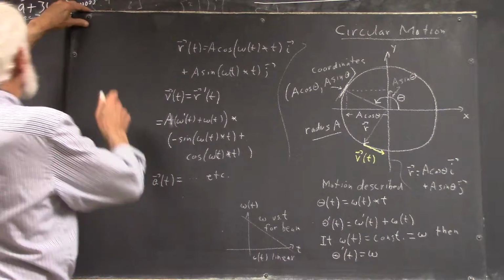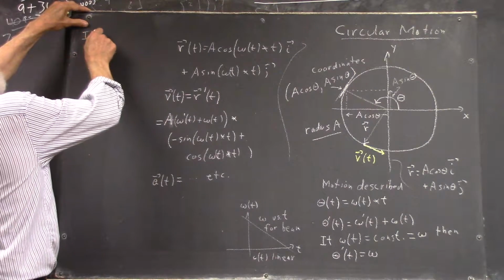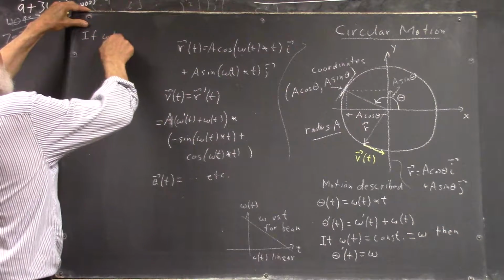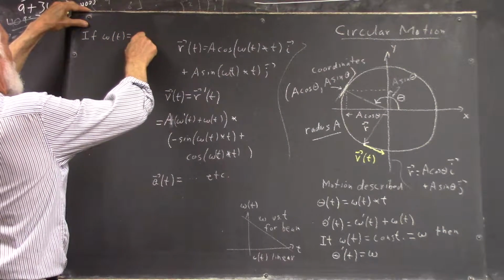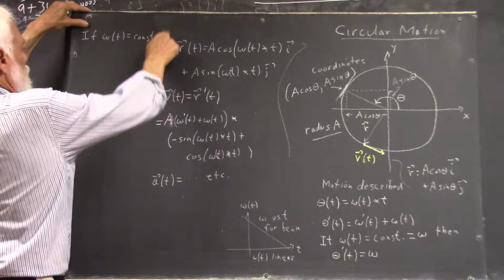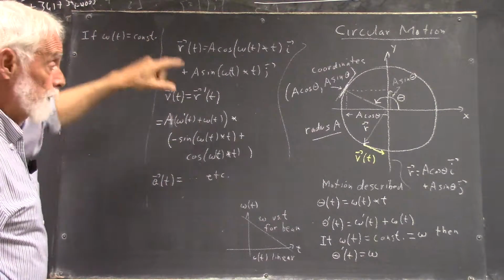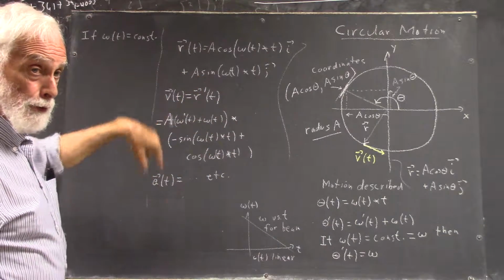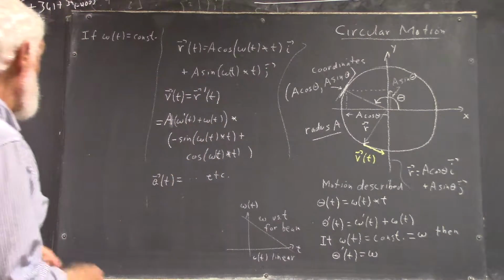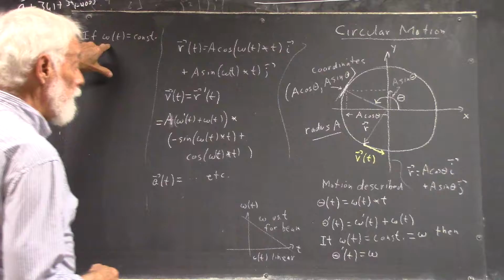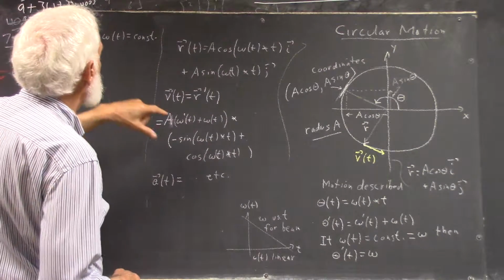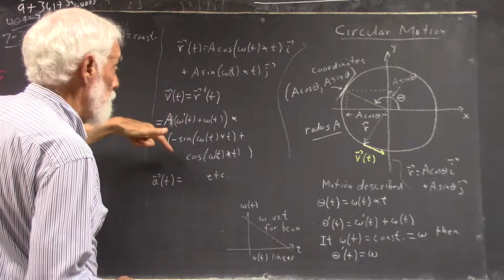Now, the simplest situation is where omega of t is constant. We have motion around a circle at constant angular velocity. In that case, omega prime is 0.